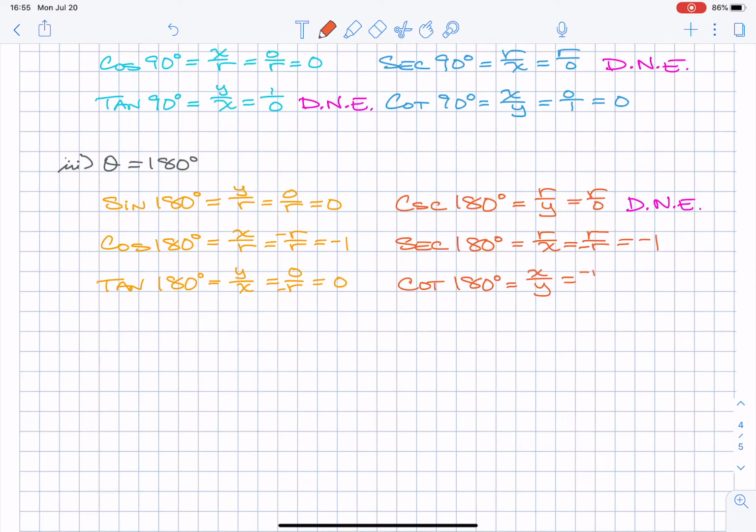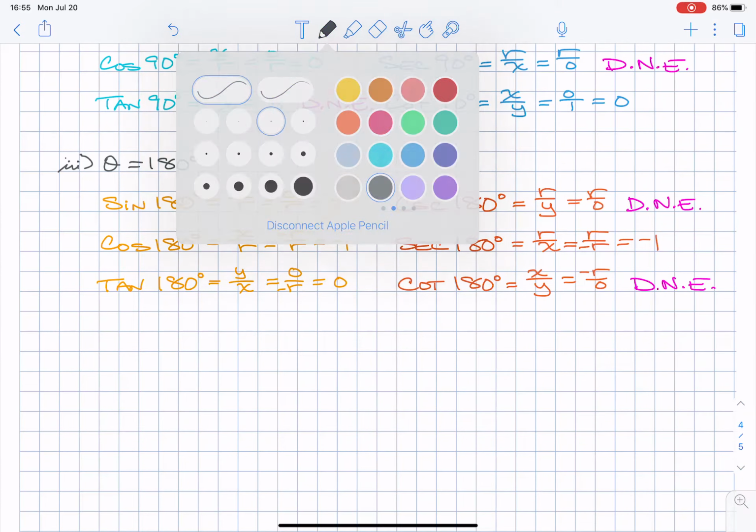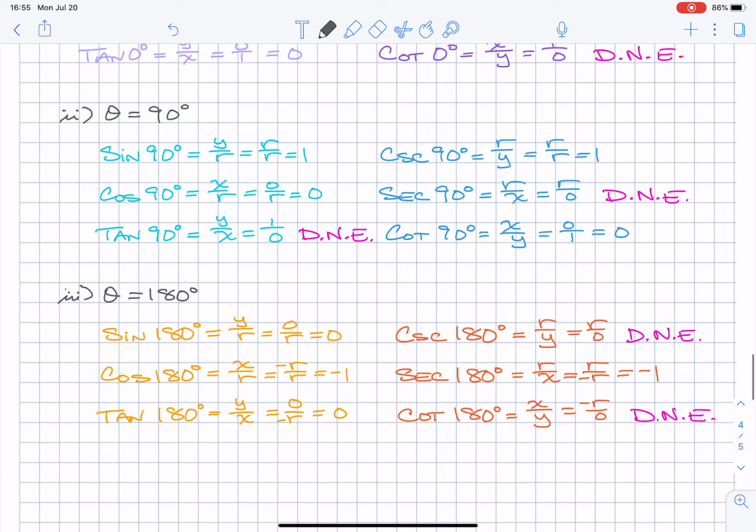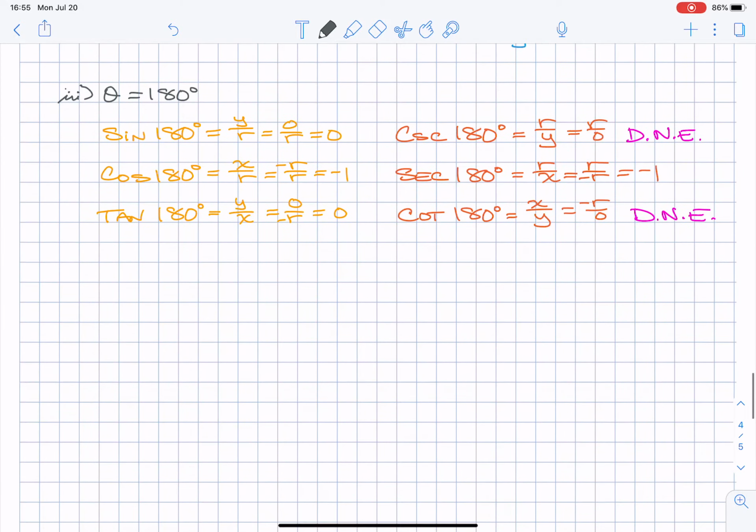So that's negative r over 0. But thou shalt not divide by 0, so that does not exist. Okay, let's make sure I got all my s's and c's together for the other ones. Okay, good. I've got to say it aloud or I'll mess it up.